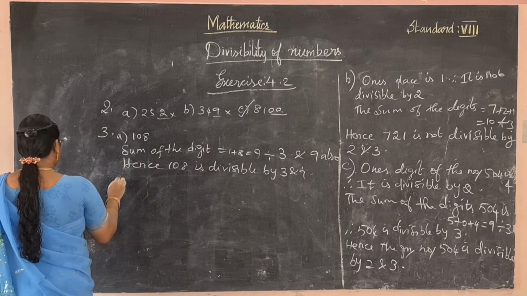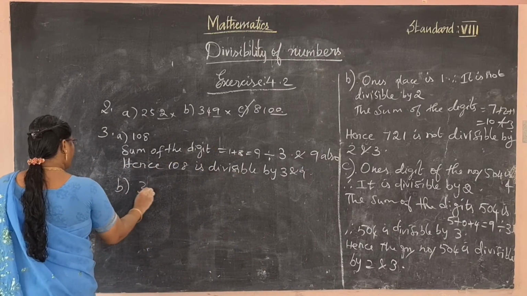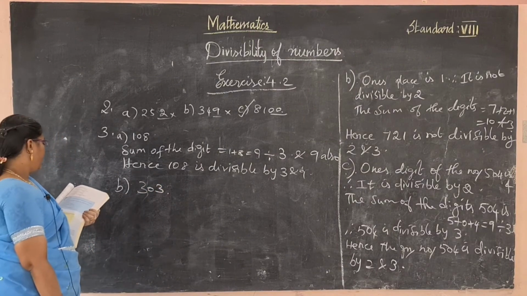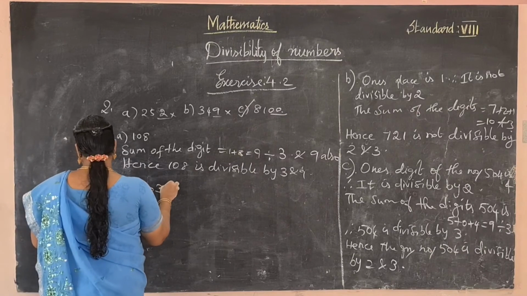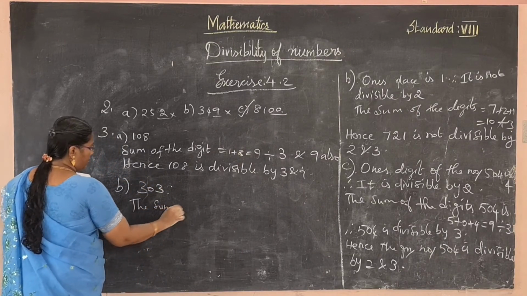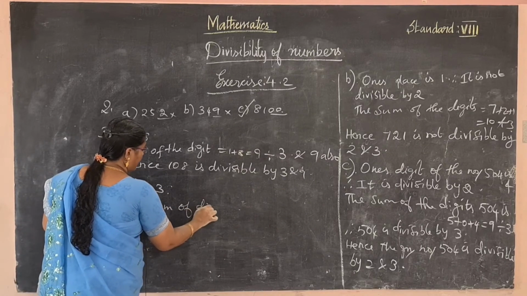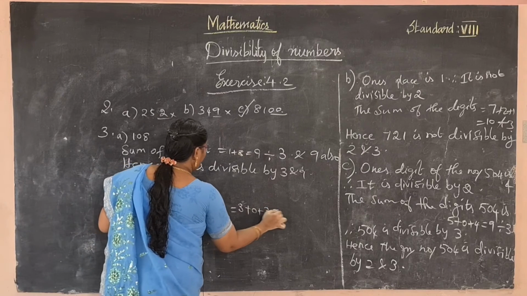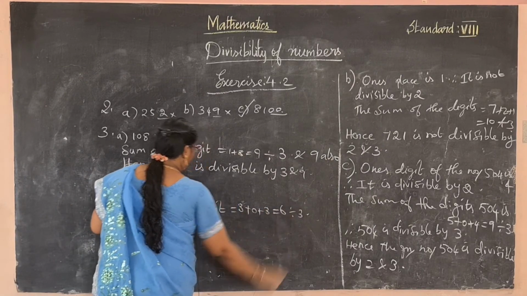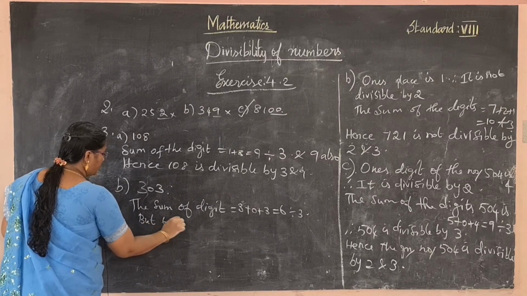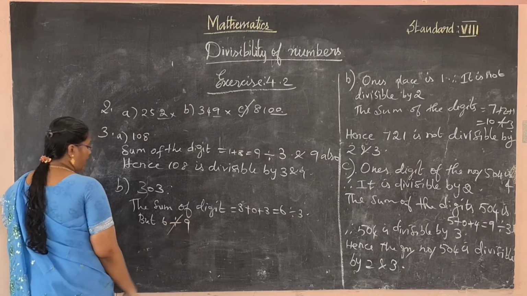And next B, 303. So what is the value? The sum of the digits is equal to 3 plus 0 plus 3 is equal to 6, which is divisible by 3, but 6 is not divisible by 9.